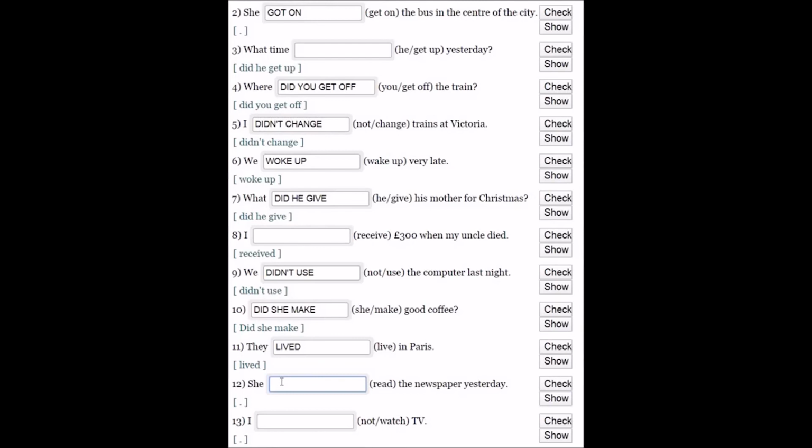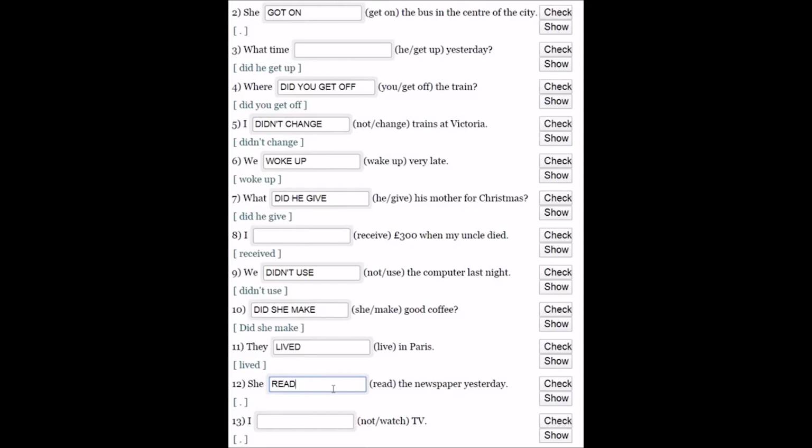She read the newspaper yesterday. Read. First of all, what did I say? The first thing that we need to do is take a look at our list of irregular verbs. If the verb read is on that list, we will check it and then add the correct form. So I checked my list, and the verb read, it's written the same way.